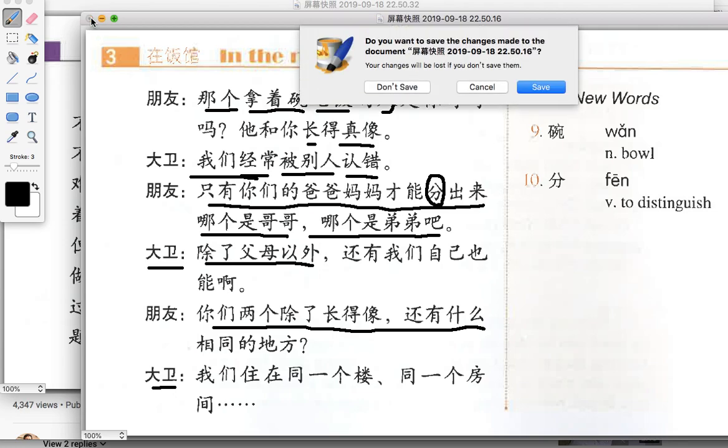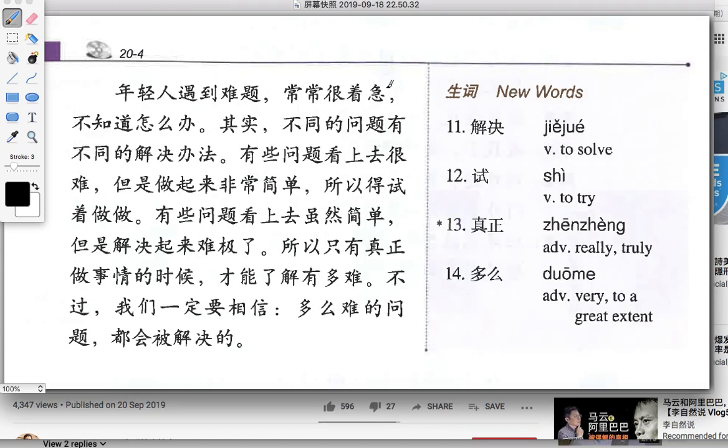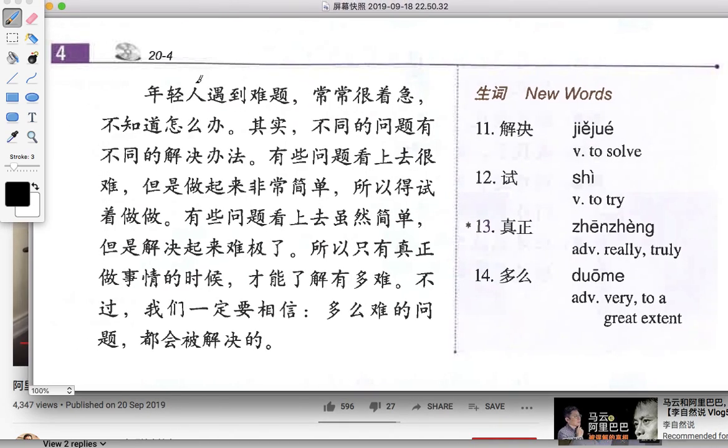第三个，我们看一下第四个。Forget about 大卫。看一下第四个啊，年轻人, young people, 遇到难题, 难 difficult, 题 problem, difficult problem, right? 遇到, come across or meet, 常常很着急, often very worried. Remember this 着急, right?